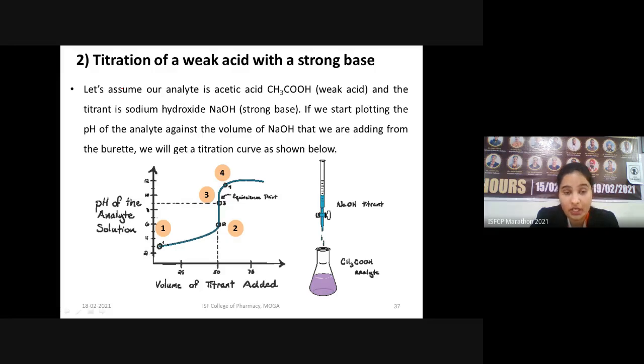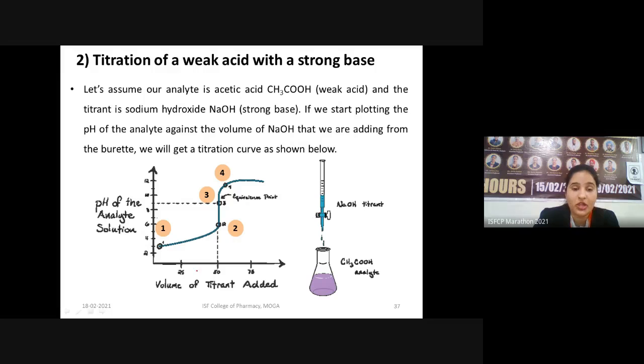Now our analyte is the substance whose concentration is to be determined. The analyte, that is acetic acid, has been taken in the conical flask, and the titrant is sodium hydroxide. The titrant is taken in the burette, and again we will be plotting the curve.